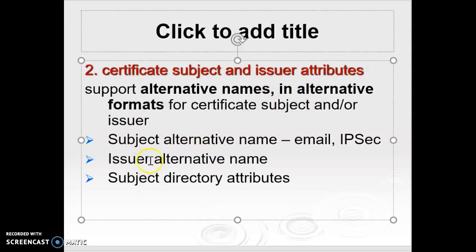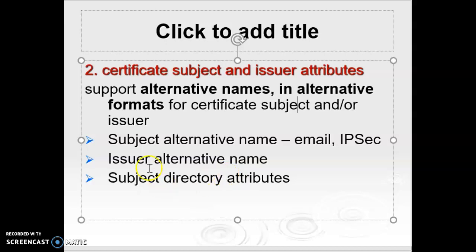For example, the extension field consists of the subject alternative name, that is, one or more alternative names can be used in a variety of forms, for example in applications such as email, IPsec, or any other application like EDI.